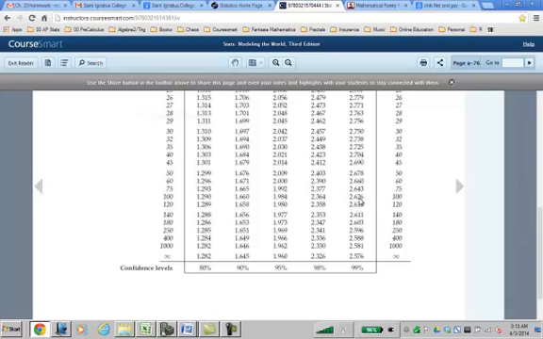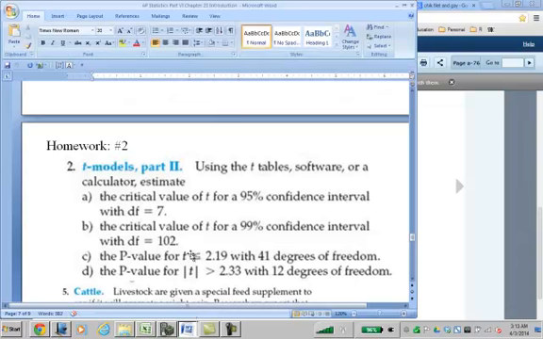The p-value for t less than 2.19 with 41 degrees of freedom. Okay, now you can get this from the table as well, or you can get it from your calculator. This we'll get from the calculator since you have TCDF. Getting it from the table is a little more complicated.